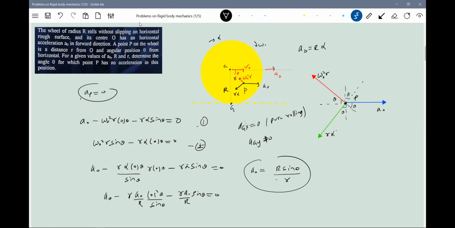Smaller r is... okay. See this angle theta. Now we can find out. So very good problem.